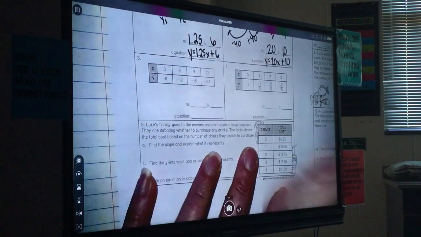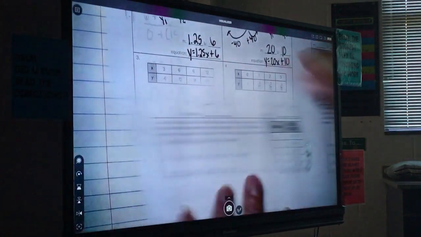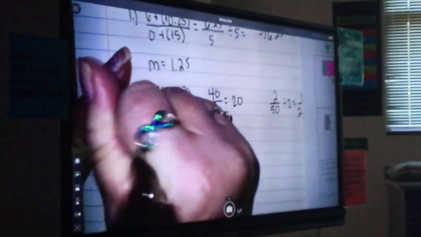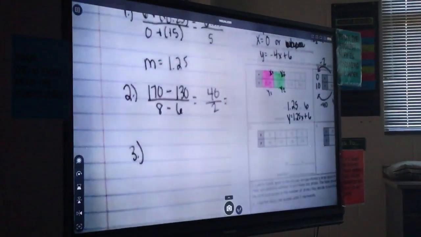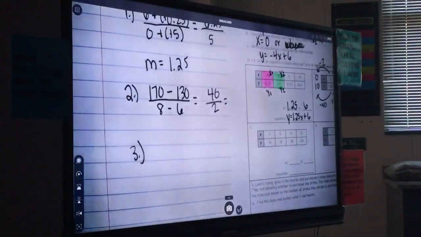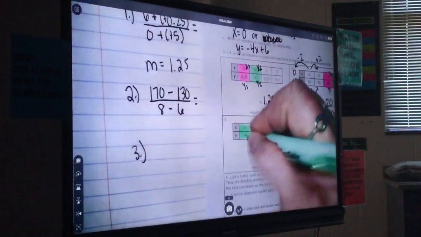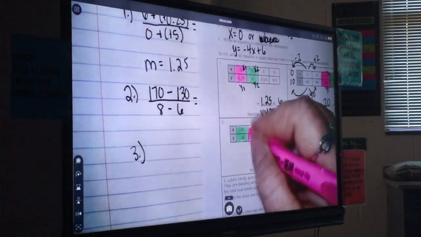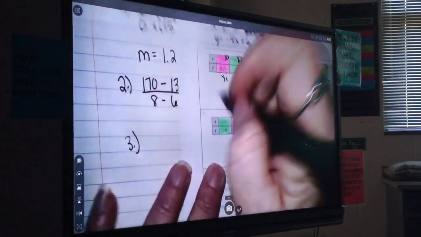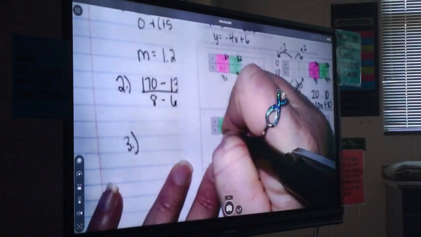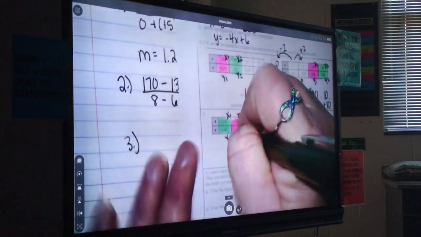Alright, so what is my slope? Walk me through it. What two ordered pairs are we using? Alright, Audrey. The first two. So this is going to be x1, y1, x2, y2.